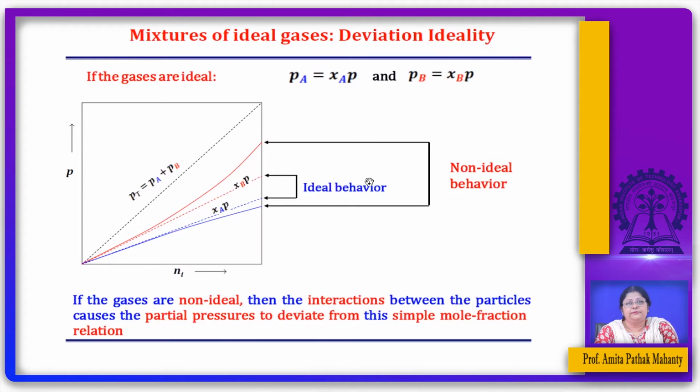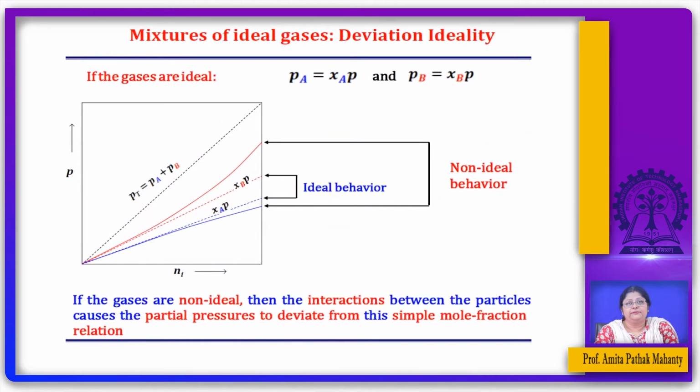So you can make out non-ideal behavior whenever you have this deviation, and we call such a system a non-ideal system. It exists only when there is interaction between particles that causes the partial pressures to deviate from the simple mole fraction relation. So this relation is not valid. Deviation starts whenever these partial pressure equations are no longer valid, which means there is some sort of interaction because of which we are not able to maintain the equation.